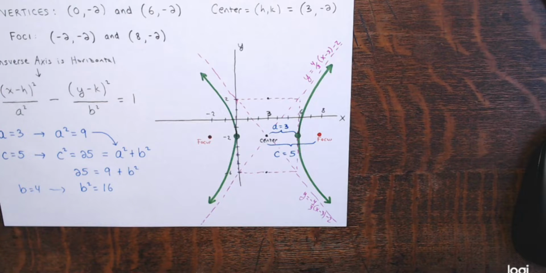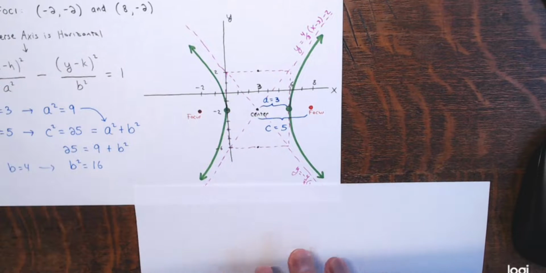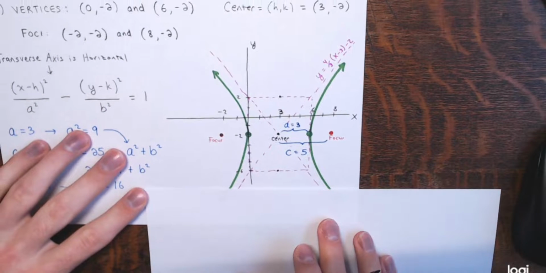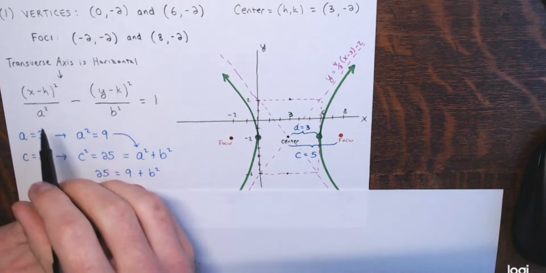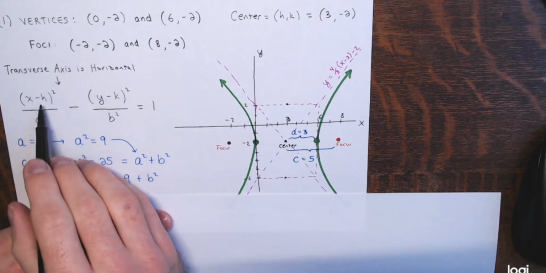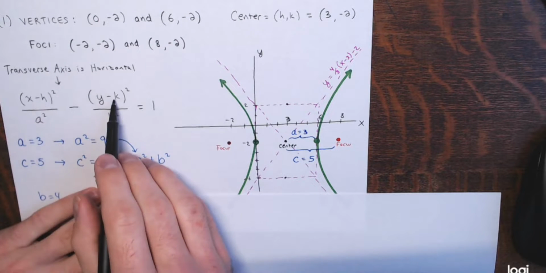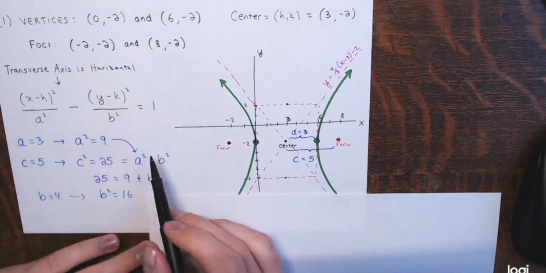All right, and then finally the equation. The equation for this, just filling in values here. Remember, h was 3, k was -2. We saw a squared is 9, b squared is 16.